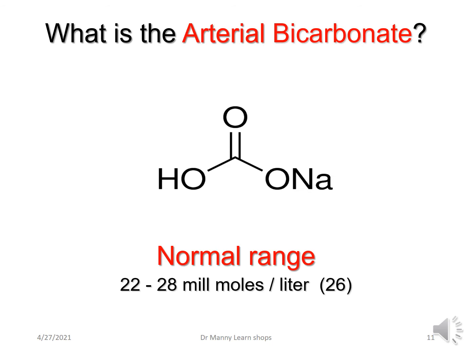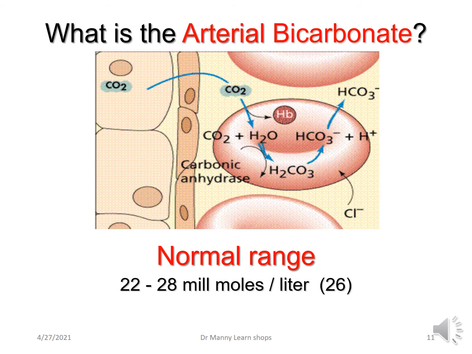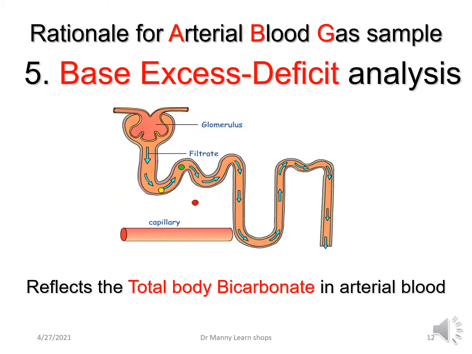Well, it's the amount of bicarbonate that is in arterial blood. Even though the ranges tend to vary, I've accepted the most generic range, which is typically 22 to 28 millimoles per litre with a mean of 26. That's your arterial bicarbonate available in the event that you've got unwanted acid which needs to be neutralized.